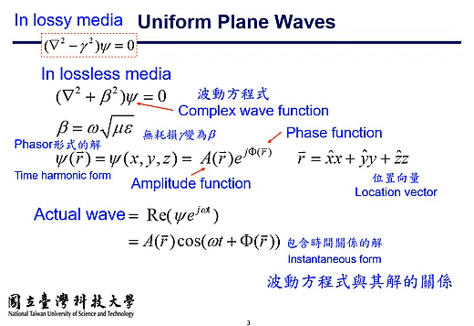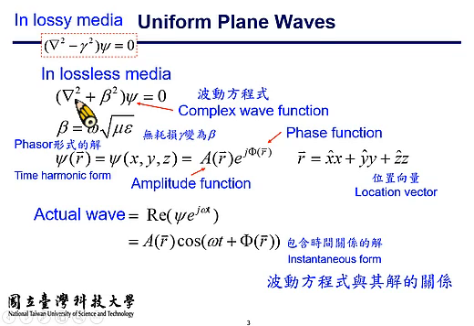All right? And for lossless medium, gamma is reduced to j beta. So j beta squared is minus beta squared.